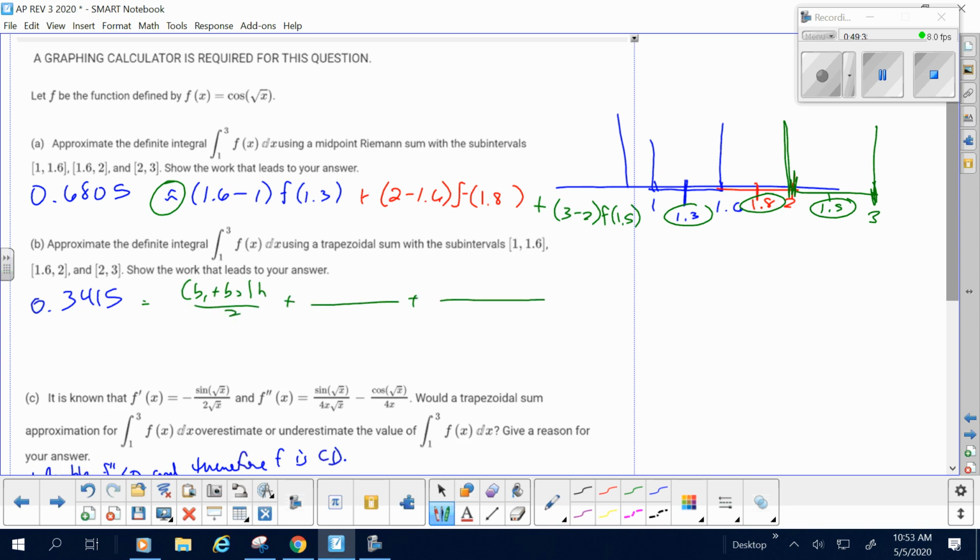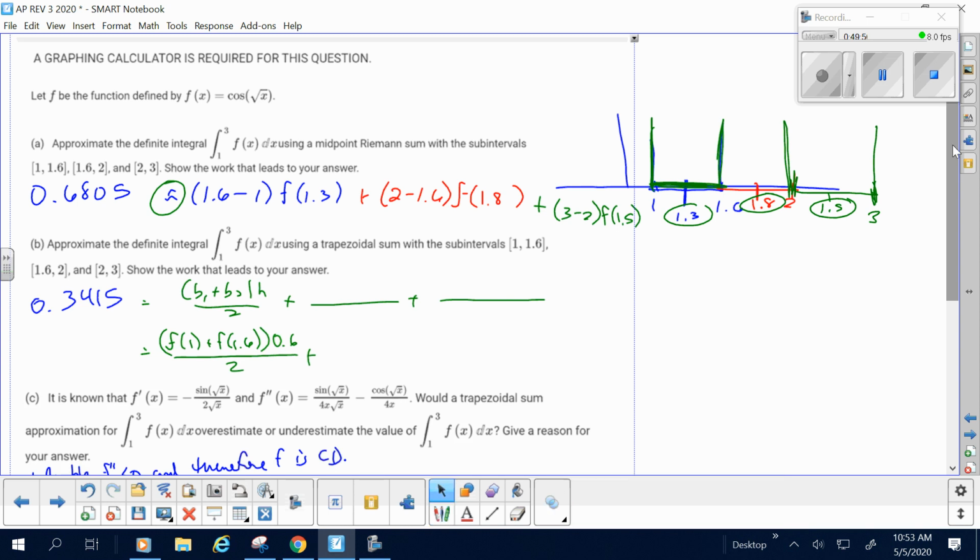The first has bases f at 1 and f at 1.6. Those are the parallels. The height, the distance between the two, is 0.6 divided by 2.